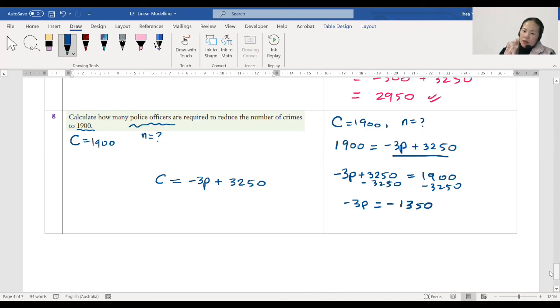But we don't have to worry about negatives because we've got negatives on both sides. So I'm just going to write 3P equals 1,350. And then P equals, I'm just going to divide by 3 on both sides. In a calculator, it'll be 450. So it means we need 450 police officers to reduce the crime down to 1,900.